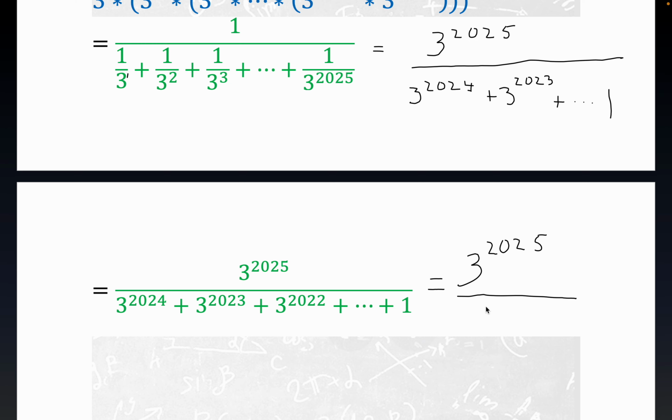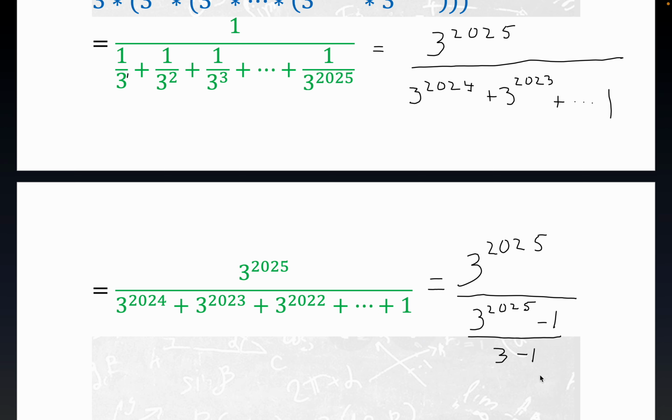And so you increment the exponent to 2025. I was doing an infinite one there for a minute. Okay, so you get this. And then again, this is just appealing to a finite geometric series formula, and you would get 3 minus 1 down here. Okay, so what does this end up being, folks?